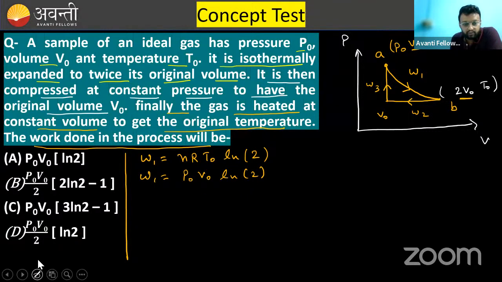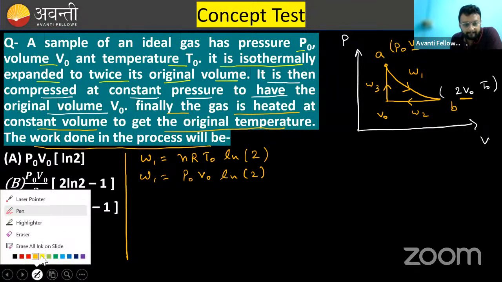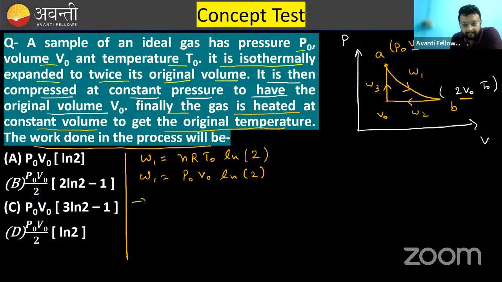Now what is going to be work 2? Work done in second process, W2. Let's suppose this is C. In the process BC, you can see that this is isobaric process.